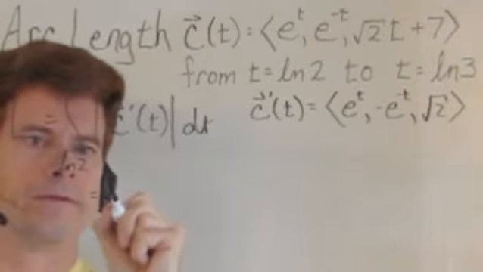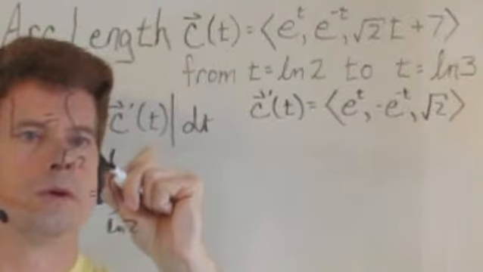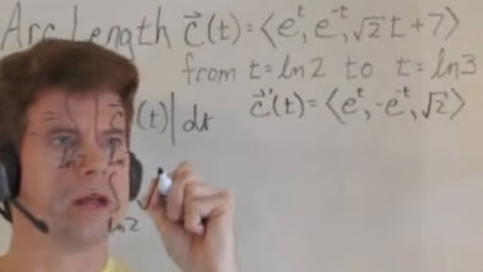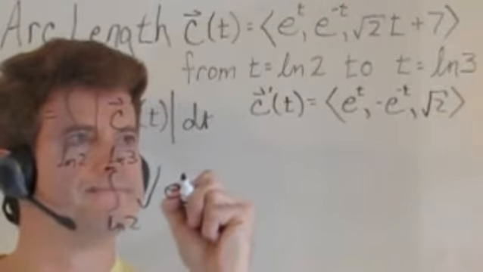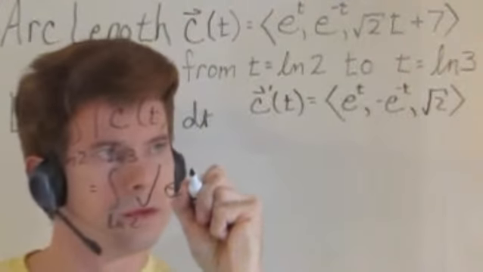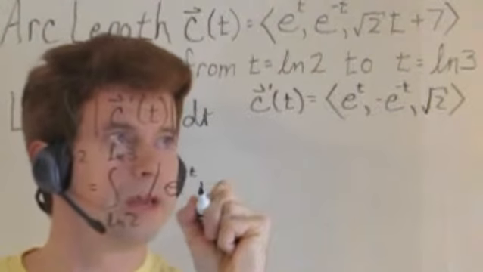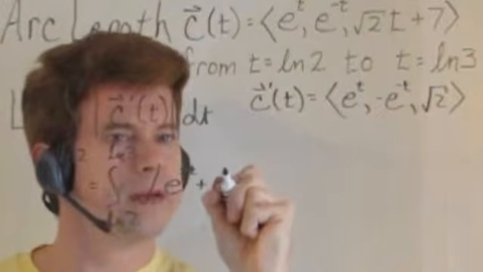So we now have the integral from ln2 to ln3. Doing the magnitude, we're going to have to do the squares of this, which becomes e to the 2t. And then that squared becomes plus e to the minus 2t.